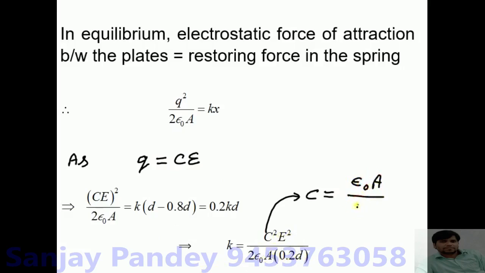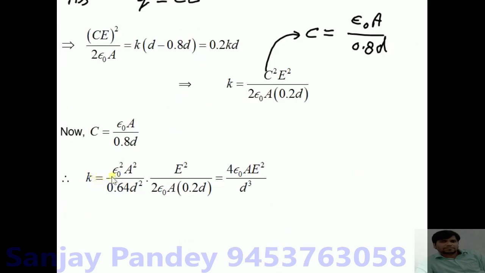It is 0.8 D in equilibrium. So we can write K is equal to epsilon naught square A square upon 0.64 D square into E square upon 2 epsilon naught A into 0.2 D. On simplifying this, we get this as a result.